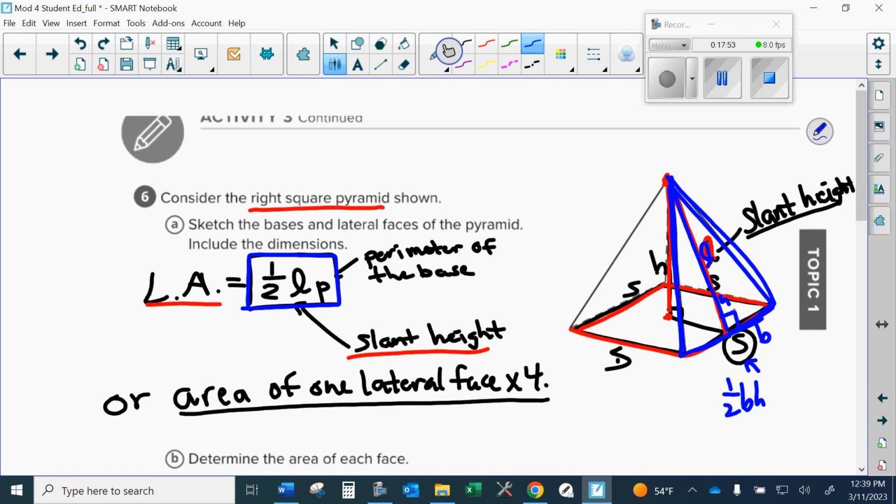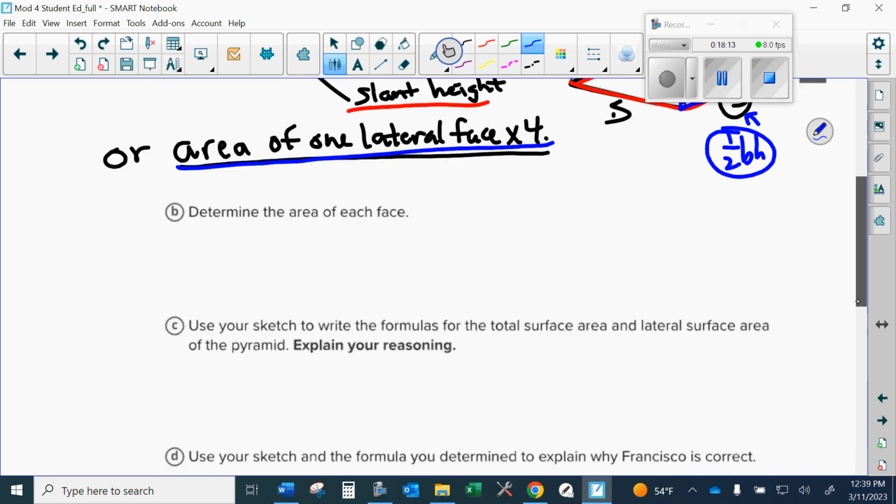Well, that's what this is doing when you take the perimeter. It's got 4 S's there, times the slant height, because the slant height is going to be the same on every one of those. And that's what I said right here: the area of one lateral face, 1/2 base times height, times 4 of them, if you have trouble remembering the 1/2 LP.